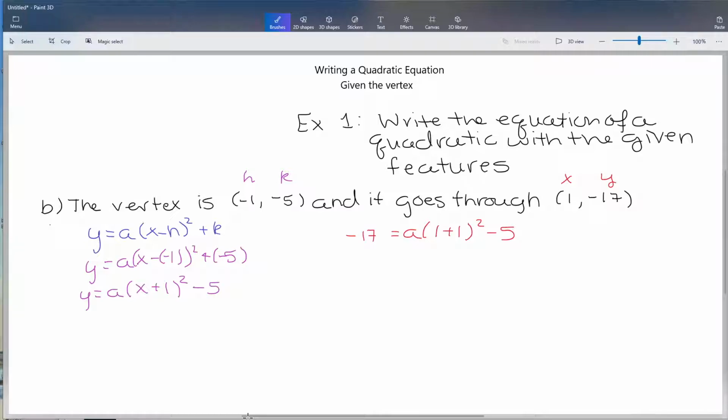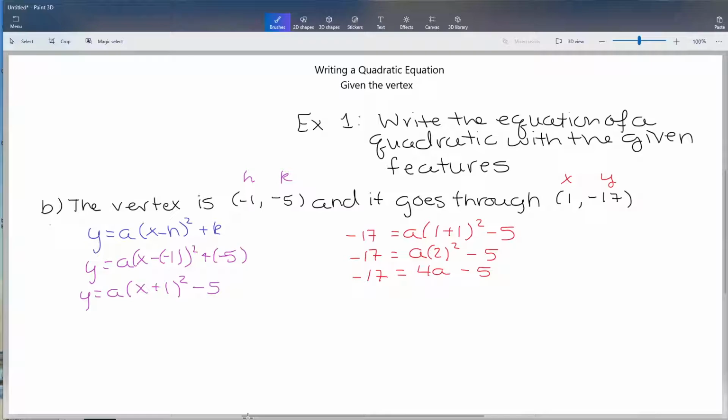Okay, again, I'm going to simplify in the parentheses first. So 1 plus 1 is 2. Okay, and then I'm going to do my square. So 2 squared is 4. So this is going to be 4a.